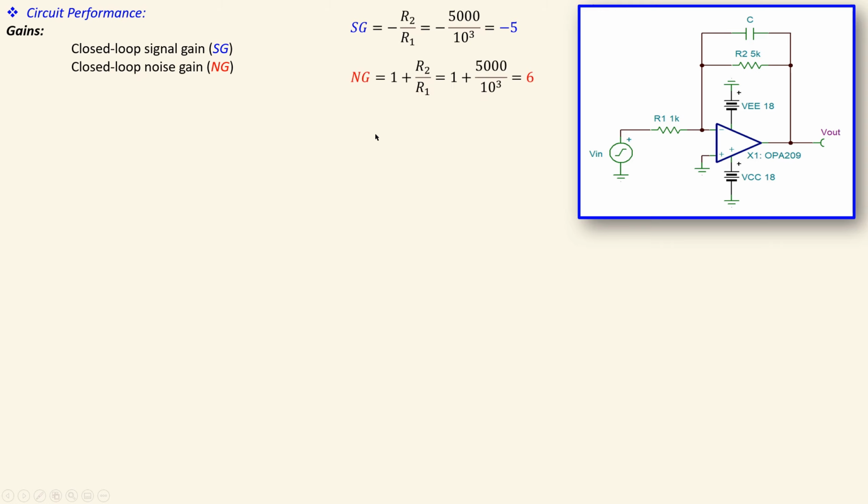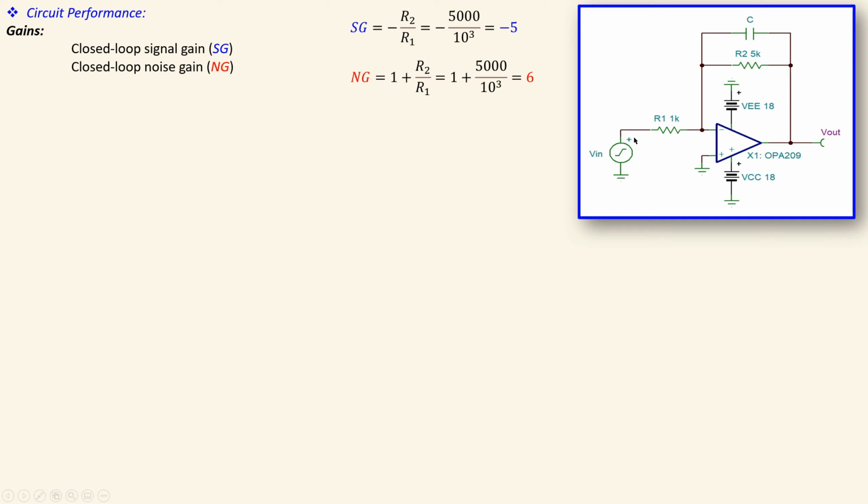Now, you also have the noise gain, because that is important to calculate. That is defined as the noise source located at the non-inverting input of your op-amp. Again, considering the DC condition, where the capacitor is open, or 0 Hertz, looking at this from this node, this circuit is a non-inverting amplifier.